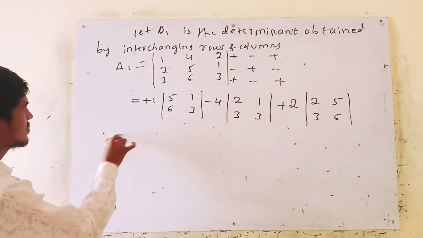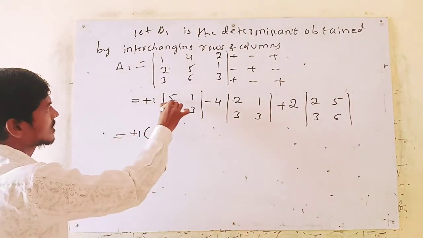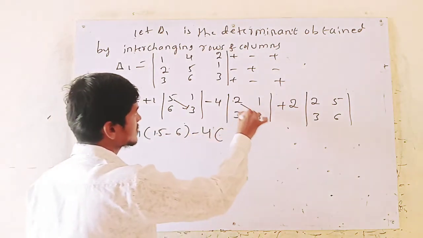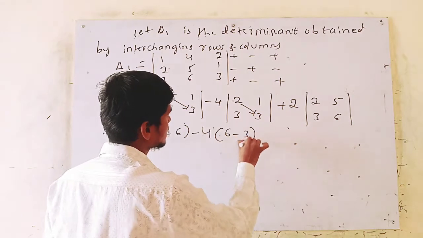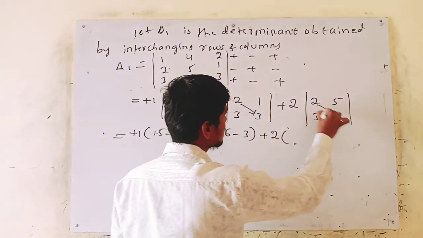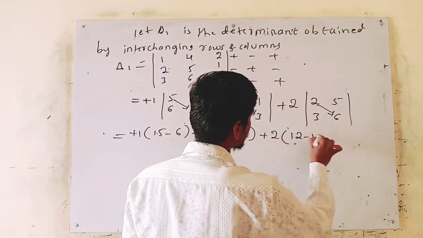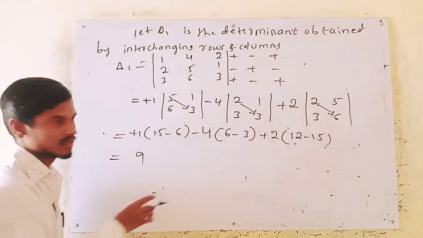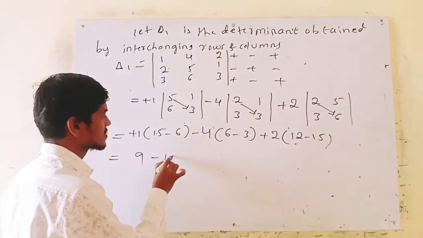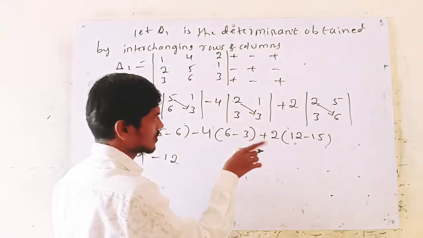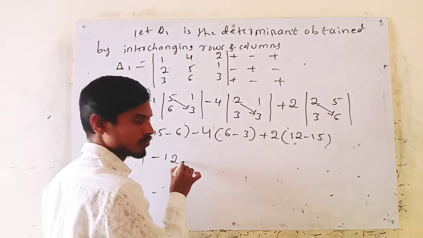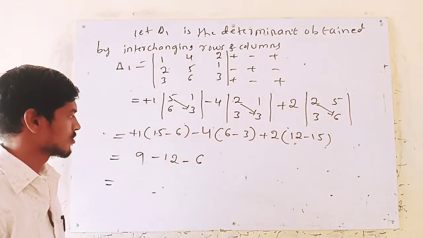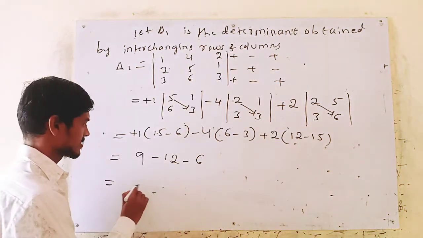This implies plus 1 times, multiply this, 15 minus 6, minus 4 times 6 minus 3, plus 2 times 12 minus 15. This is nothing but 9, this one minus 12, this one minus 3 into 2 minus 6. What is the answer now? 9 minus 12 minus 3 minus 3 minus 6 minus 9.